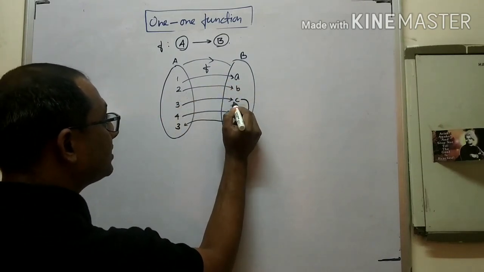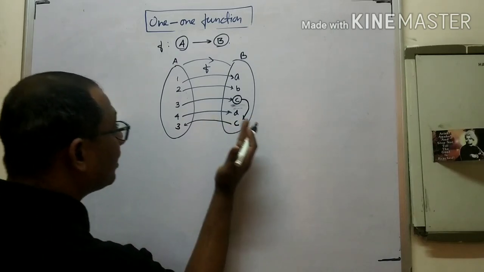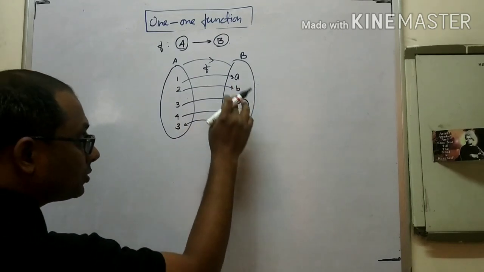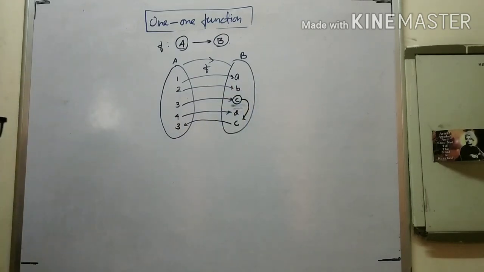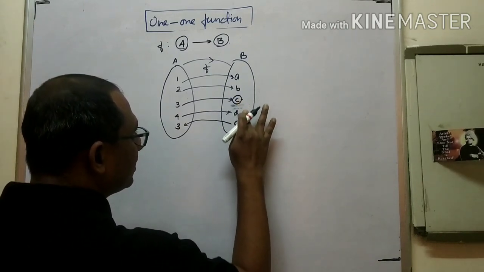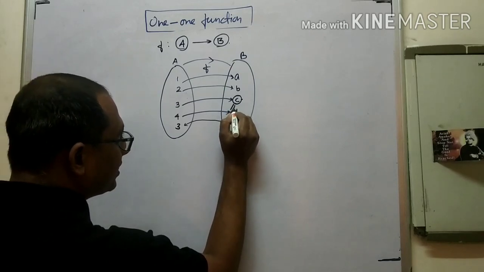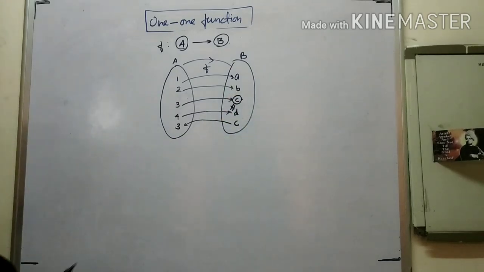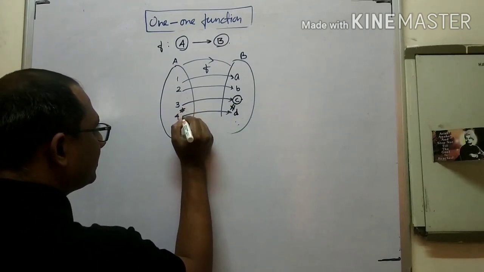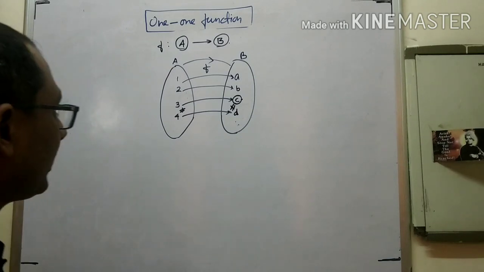It means if I consider two equal images in the codomain, I must get the same pre-image for the two equal images. The other way around, the same thing can be said like this: when two images are different, C is not equal to D, then their pre-images also have to be different. That also proves that a function is 1-1. So we are going to derive it.